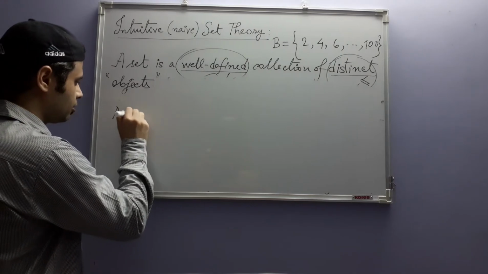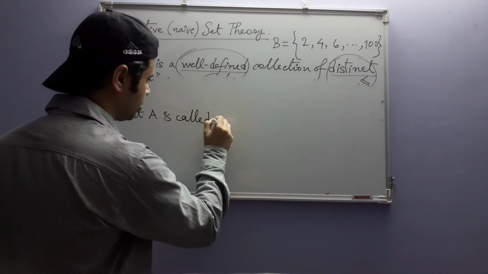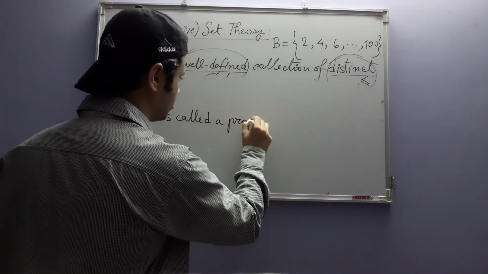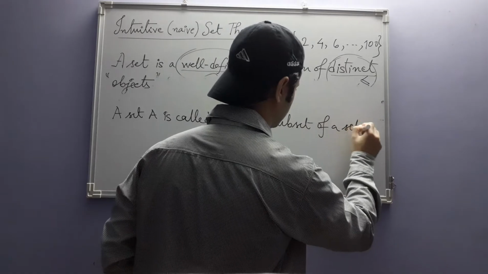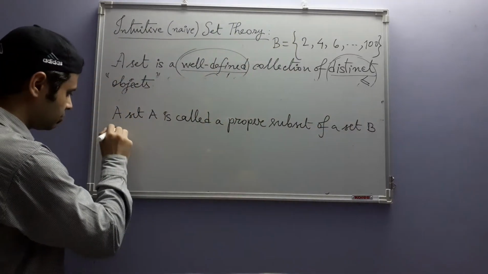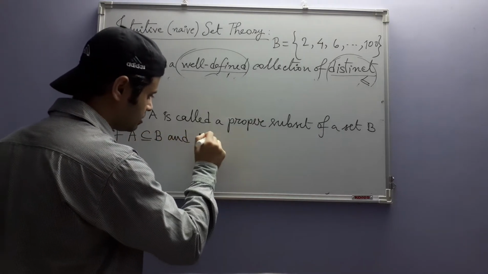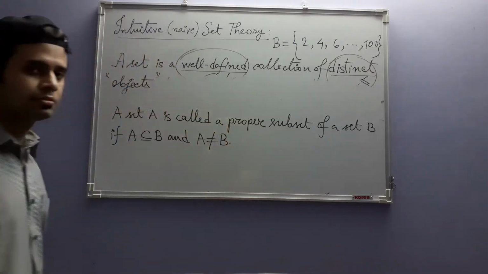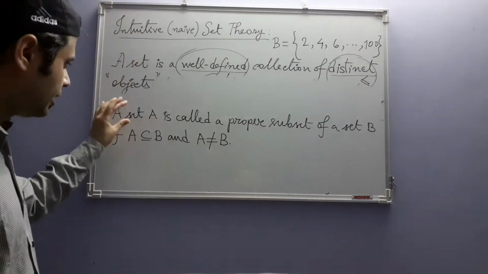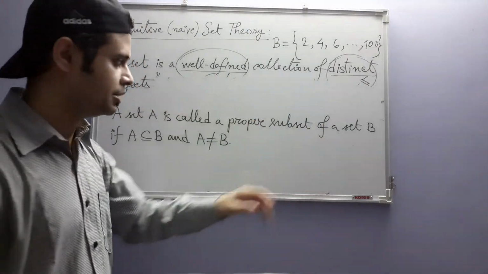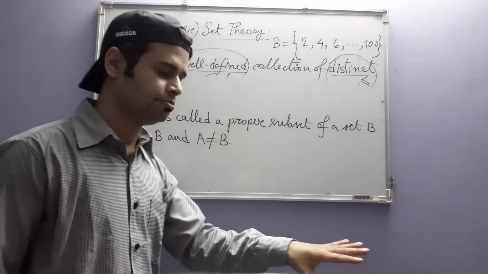A set A is called a proper subset of a set B if A is a subset of B and A is not equal to B. Okay, A is a subset of B, but at the same time A is not equal to B. Then A is said to be a proper subset of B. This is related to, but somewhat different from, being a subset of B.